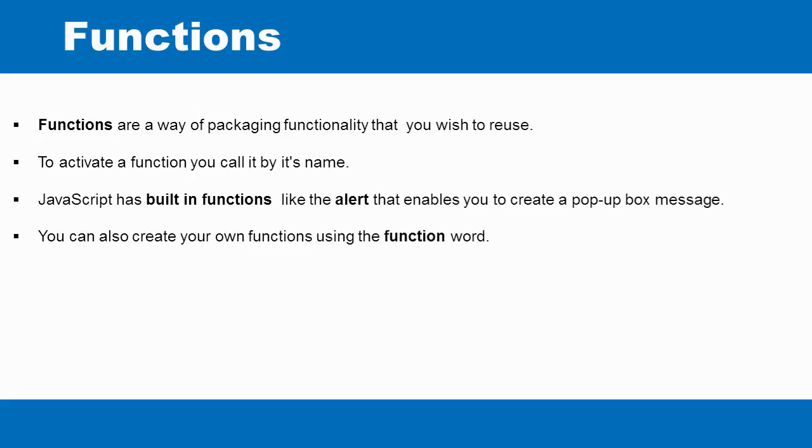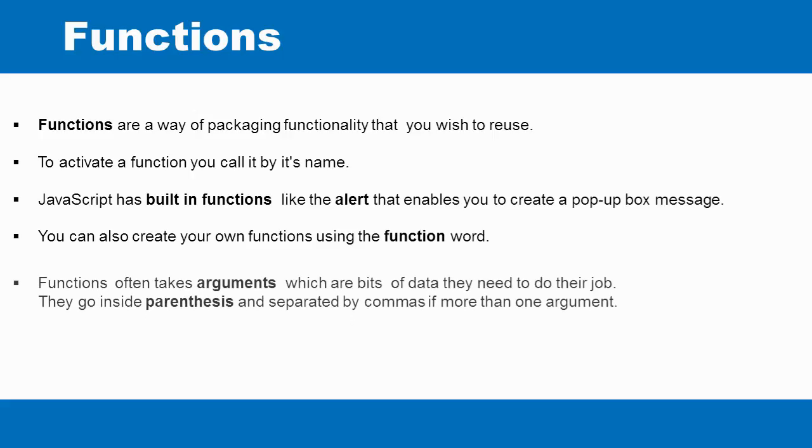Functions often take arguments. Arguments are bits of data that the functions need in order to do their jobs. And these arguments are placed inside parentheses, which are separated by commas if there is more than one argument.